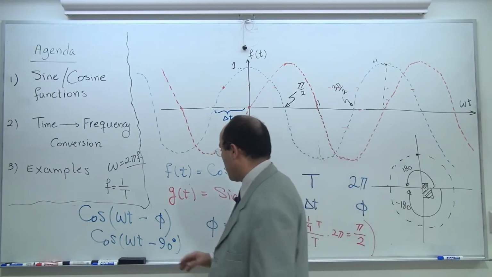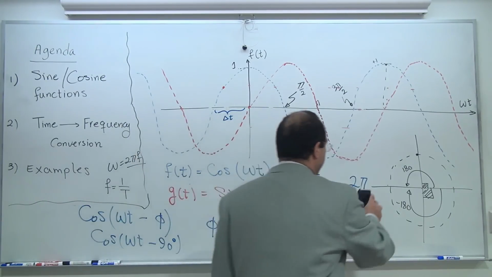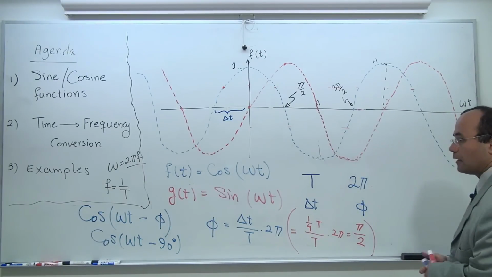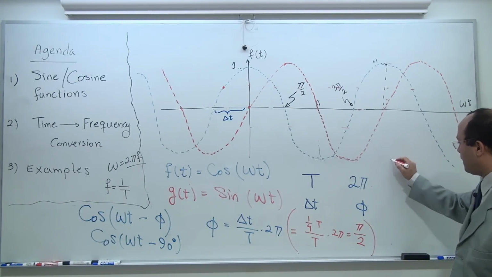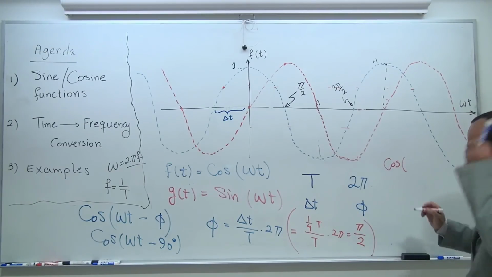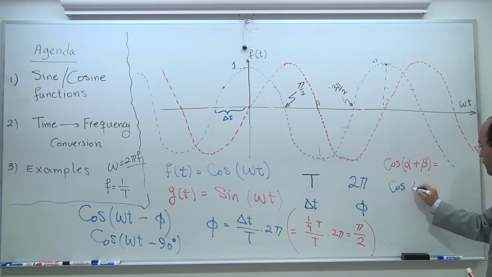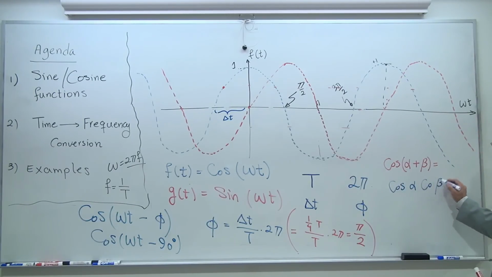So that's what happens. Let me see if I can verify this relationship, this equation I got. Now you remember the formula for the cosine function. If you have alpha plus beta, what do you get? You get cosine alpha, cosine beta minus sine alpha, sine beta.